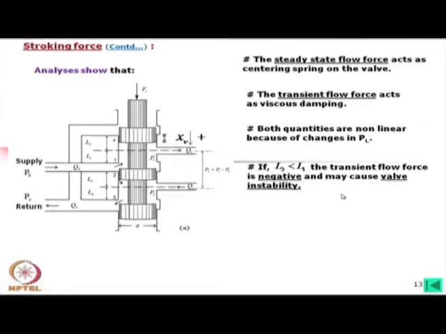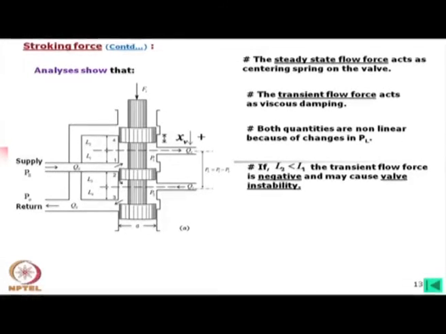That means, in designing, if you carefully look into the equations once again, you will find that if L2 is taken less than L1, the transient flow force is negative. One thing we can do is take L2 equal to L1.